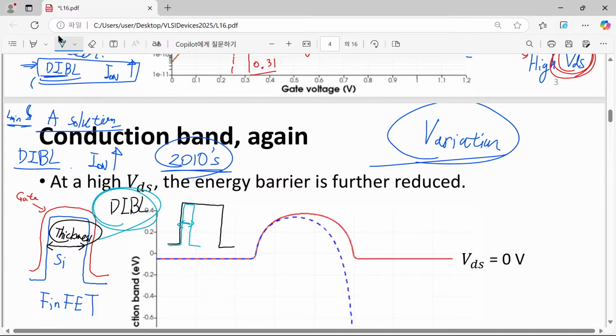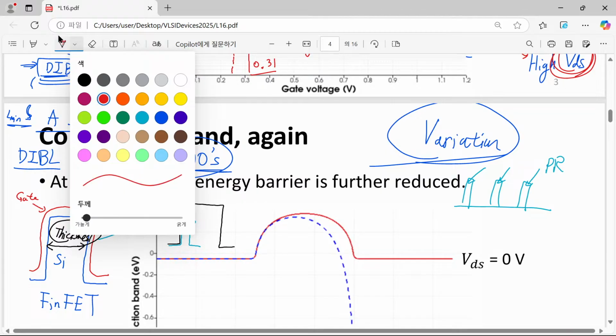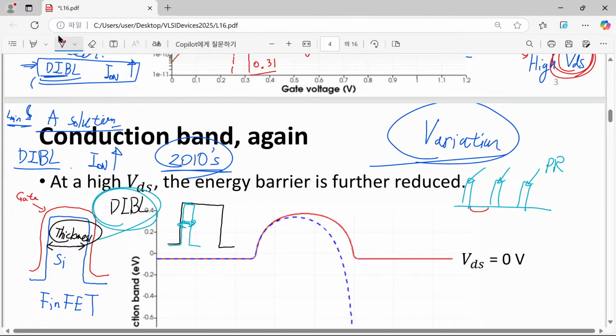But unfortunately, how can we define this thickness? What was the rule to define this thickness? It was like this. We just make a pattern. Let's say that this is photoresist, which is used as a hard mask. After that, we just etch the exposed silicon part. Okay, this part is etched away.